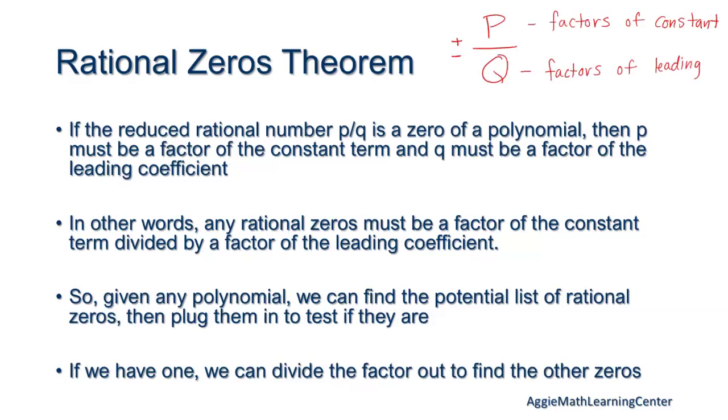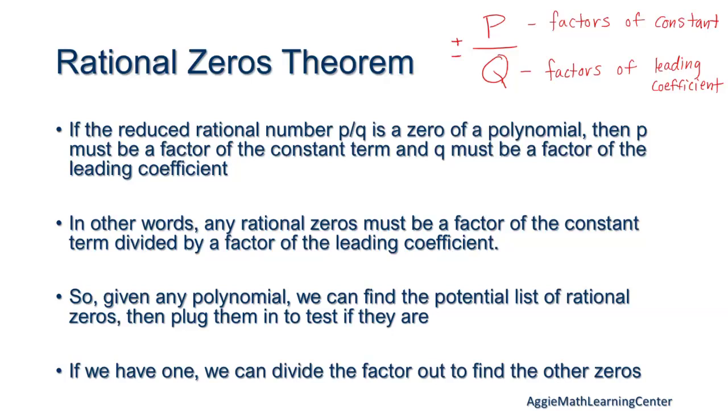So you take the very last term and break that into all the factors, and the very first term and break that into the factors, and put it into this fraction. And you want to take all of the different combinations of it.